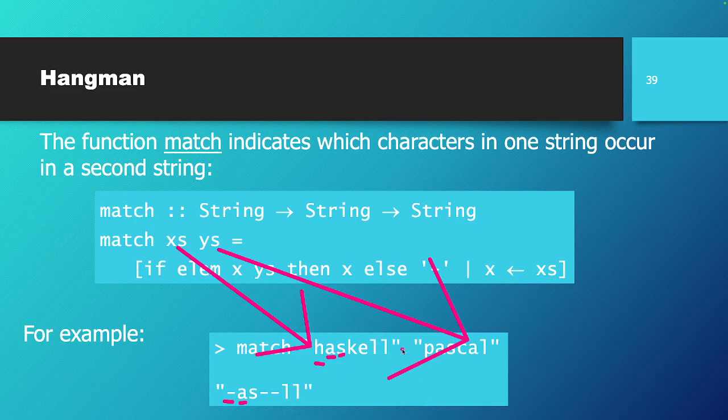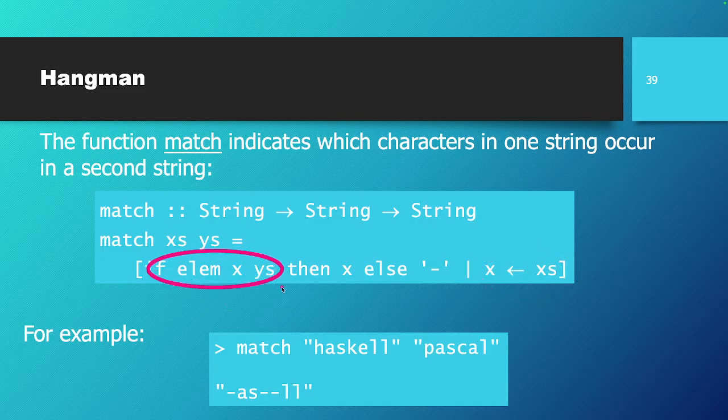So have a look at that. So again, what you're saying there is you're taking each letter from Haskell and you're saying, does that letter appear in Pascal? Okay, so the first one, it doesn't.